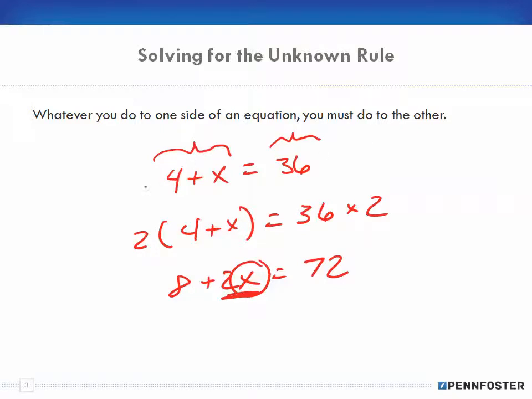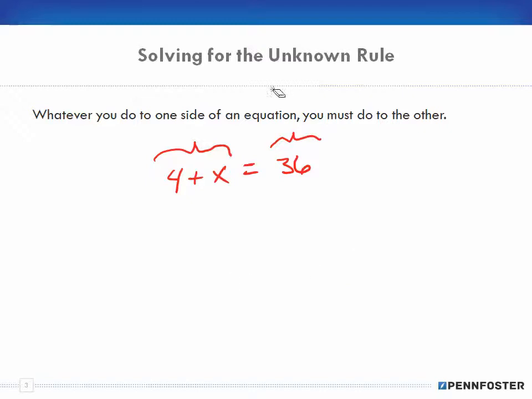I'm going to change this a little bit. I just multiplied by 2. What if I decide to add 10 to both sides? Then 10 plus, so I'm adding the 10. I just added 10 to both sides.